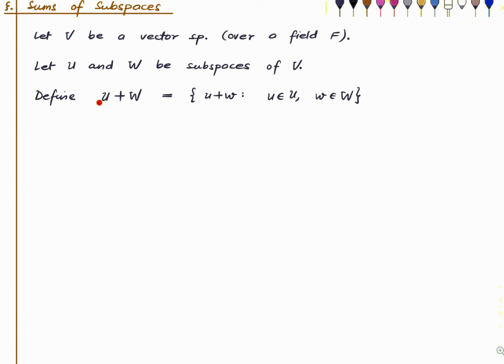This is a new thing that we are defining, while this other plus is from the vector space V. So this is the definition of the sum of U and W, and check that U plus W is a subspace. Very simple exercise.